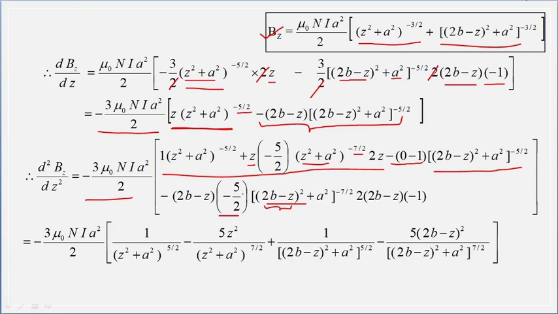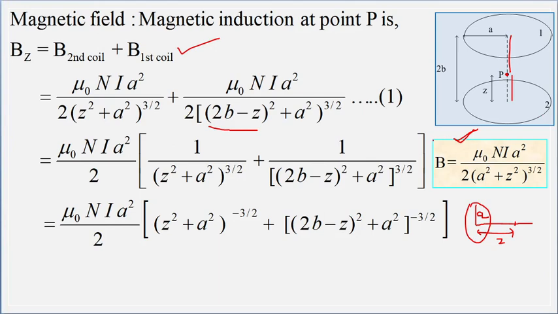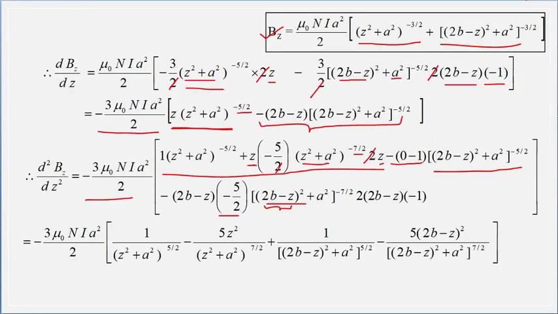So then here also what we do is this, we write this (z square plus a square) raised to minus 5 by 2. It will come down as plus 5 by 2. Then minus 5z square, see this z and this z, z square. 2 cancels. So minus 5 z square, and this (z square plus a square) raised to minus 7 by 2 will come down in the denominator as plus 7 by 2. Same way, the third term, this minus minus 1, this minus minus plus, so it becomes plus, and this second term goes inside and denominator as plus 5 by 2, we get this.